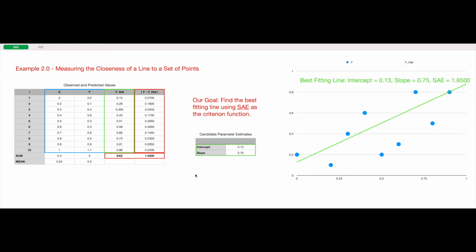All right. Next, let's do the same thing using the sum of squares error as the criterion function. And so we start off again with our candidate line being horizontal with an intercept of 0.5, which is the mean of the response variable. We could start it off anywhere, but this is just where I happen to be starting.